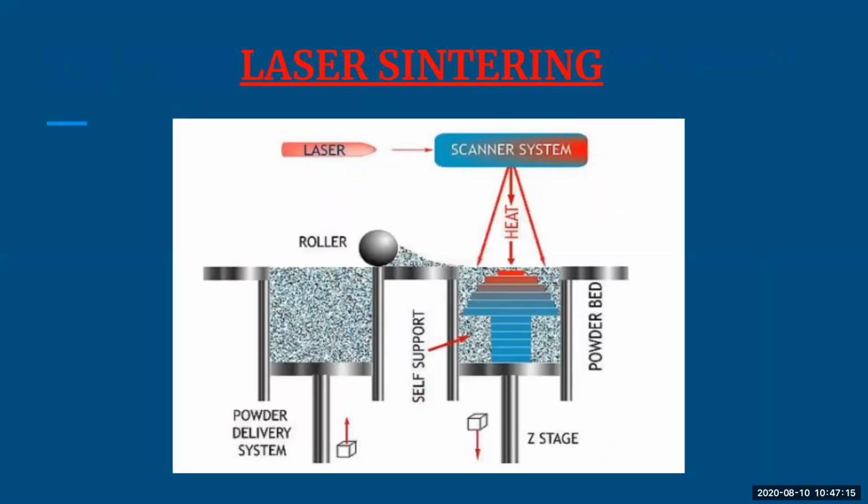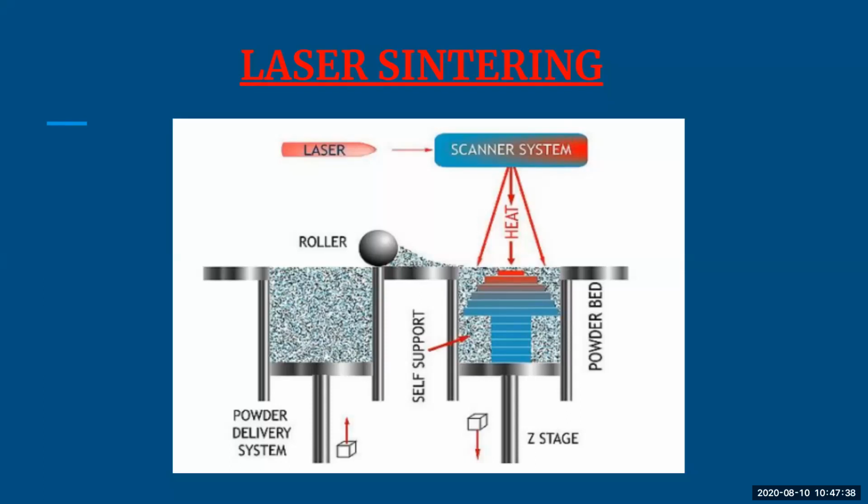Next is your laser sintering. Laser sintering is the technique where it is going to use lasers to design the resultant model. Whatever material is being inserted, you have to make sure it is in powder form, because laser sintering is a powder-based technology.